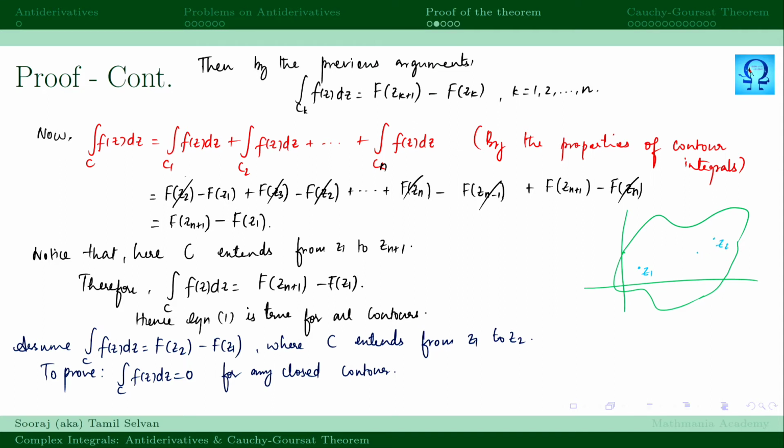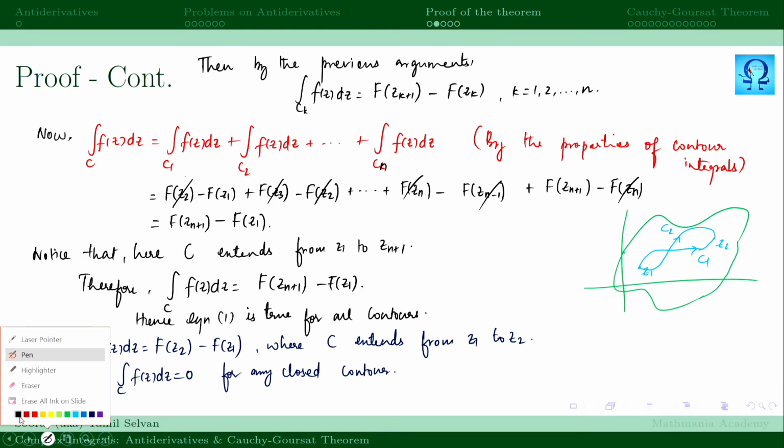You don't know what the contour is, so you may have something like this. Let me mark this as C1, and something like this as C2. Both have to come from z_1 to z_2; both should start at z_1 and end at z_2. Let us see now.